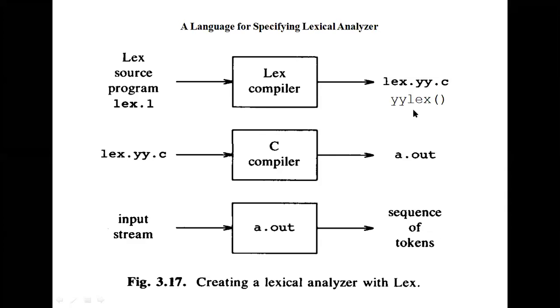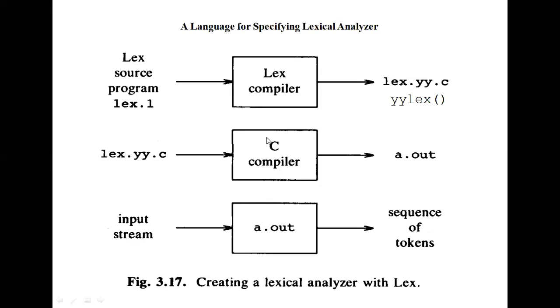That lex program consists of regular expressions, and these regular expressions are converted. What it means is this file consists of the tabular representation of these regular expressions, and the lexemes can be recognized with the help of this tabular representation of the transition diagram.